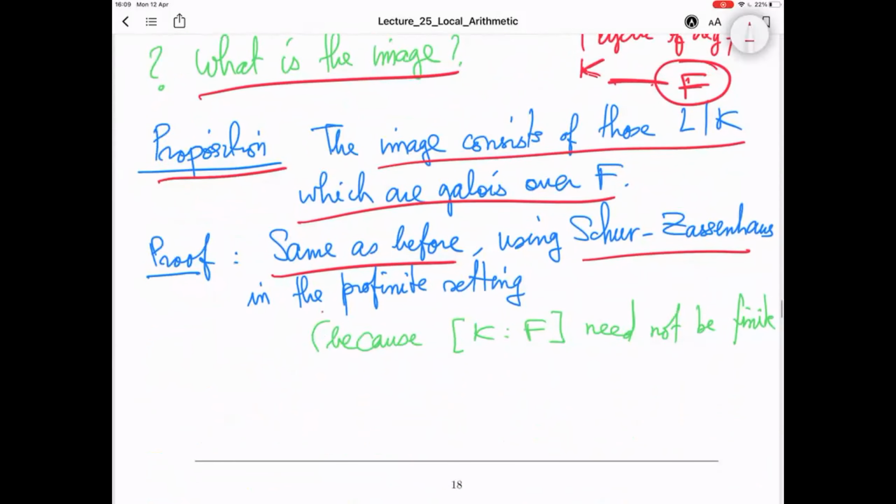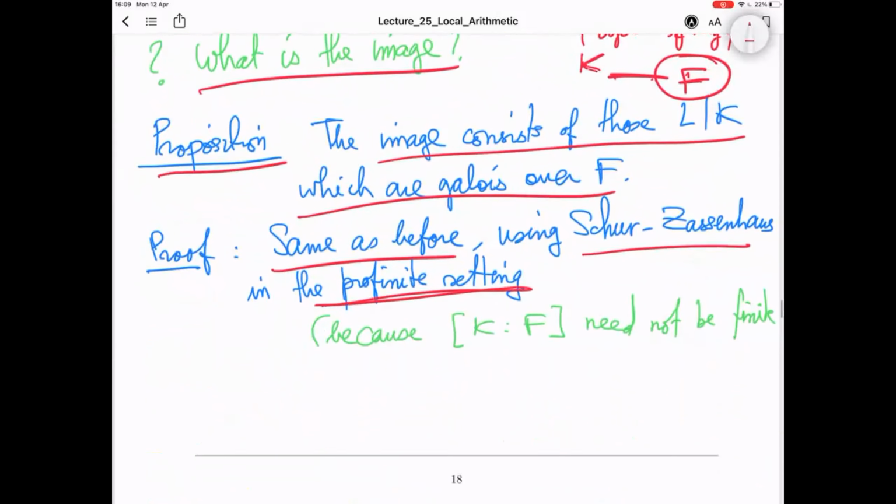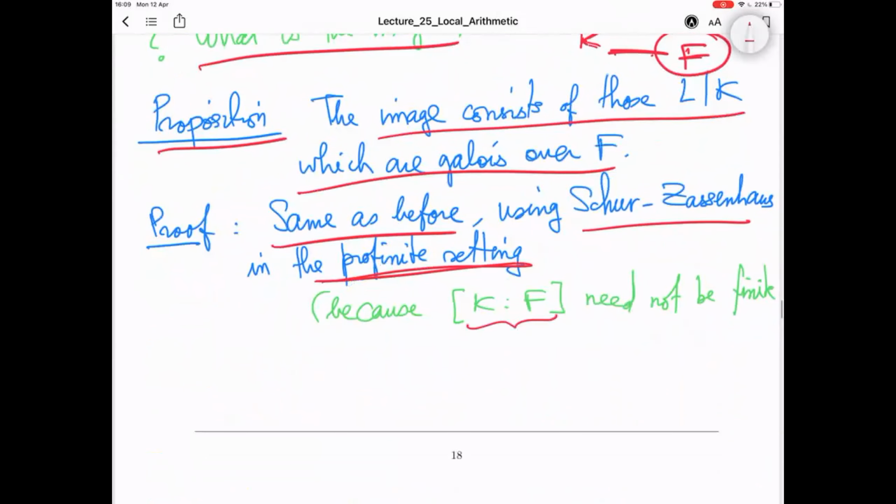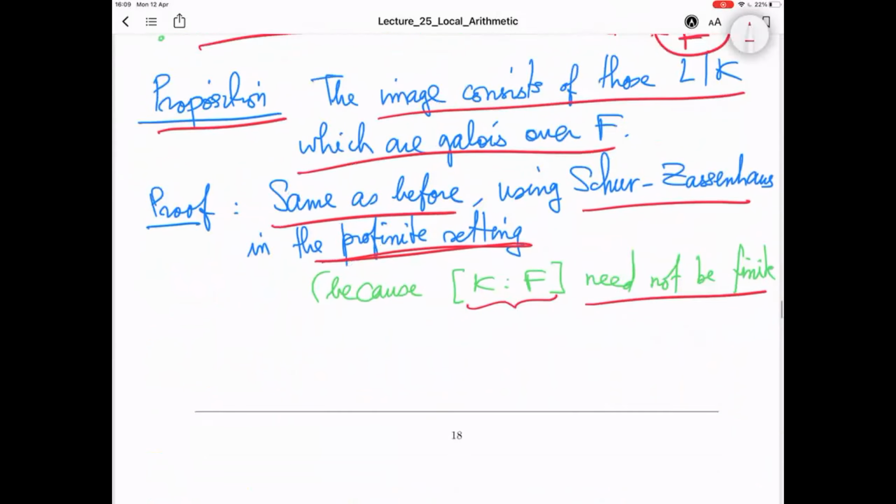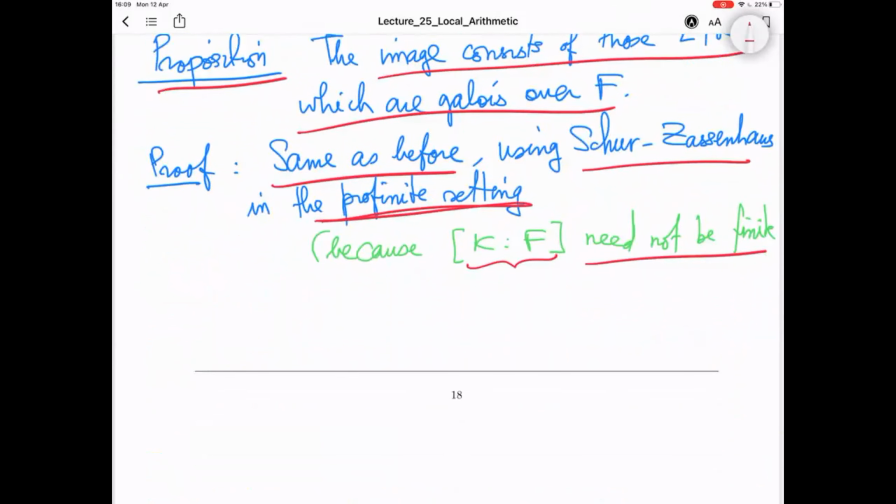But now there's a slight difference because this K over F need not be a finite extension. So when you don't have a finite extension, the Galois group is not an ordinary group. It's what is called a profinite group. So it's a projective limit. We discussed projective limits in the very first lecture.